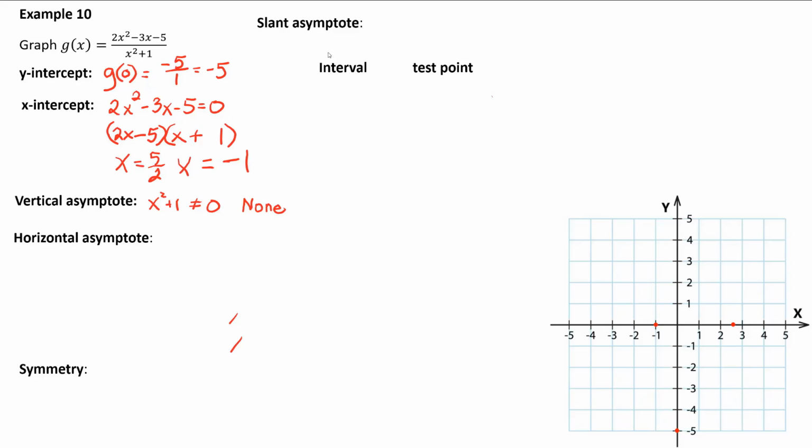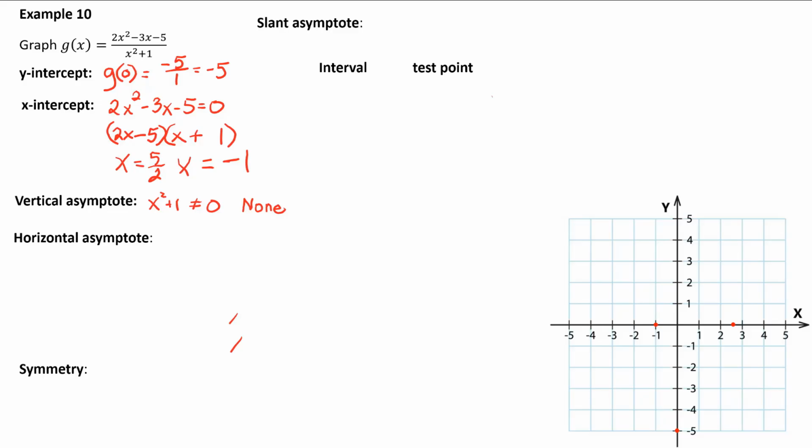Okay, now a horizontal asymptote. If we look at the numerator and denominator of this function, we want to see what the degree of the numerator is and what the degree of the denominator is, and that's going to tell us about our horizontal asymptote. You can see that for g of x, the degree of the numerator is 2, and the degree of the denominator is 2.